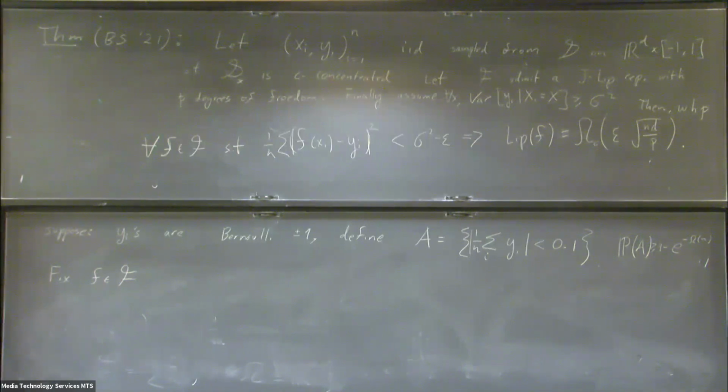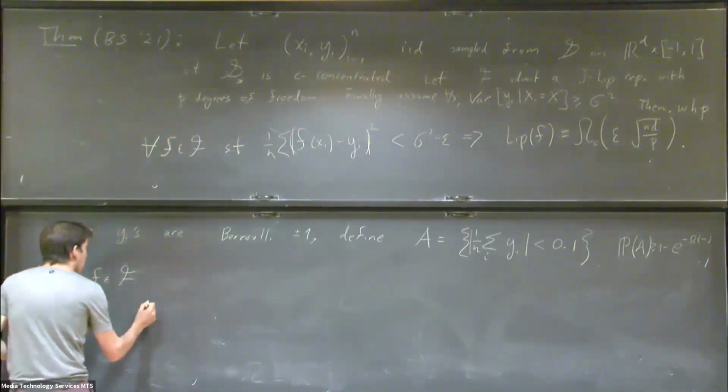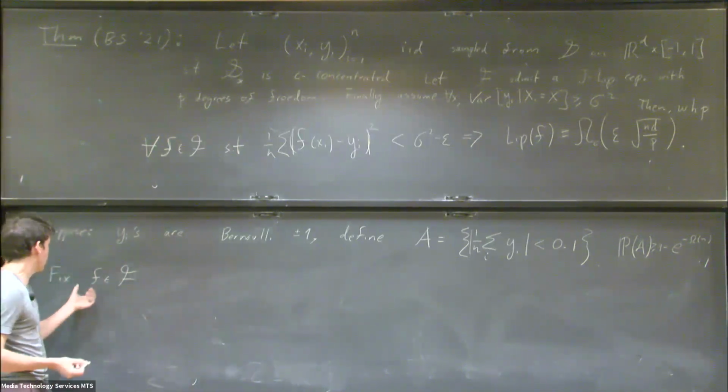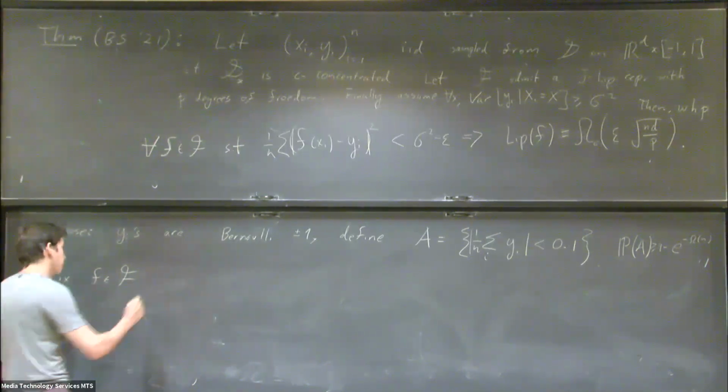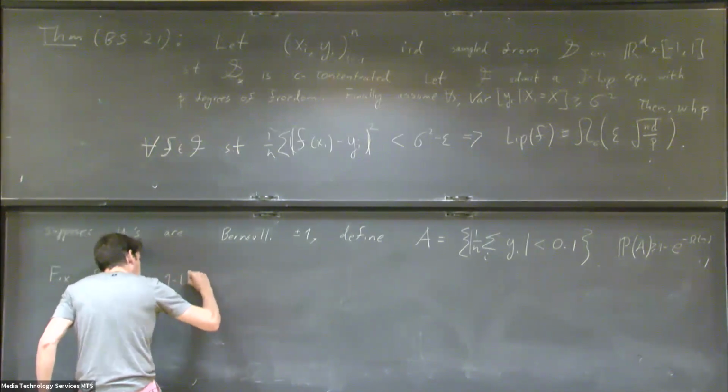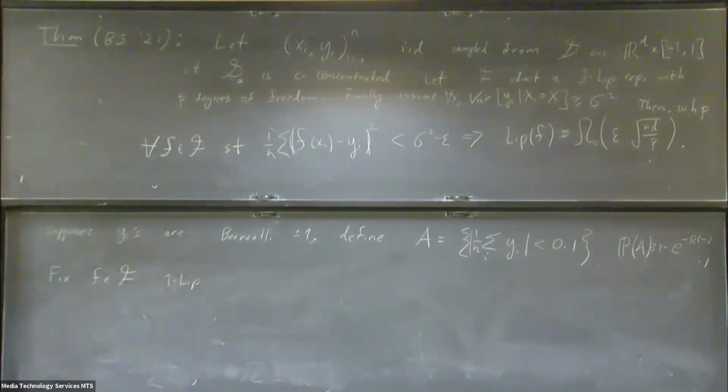Now, here is the observation. We know that mu is concentrated and f is Lipschitz. Let's only look at one Lipschitz function. The whole point of concentration is that f is very concentrated.